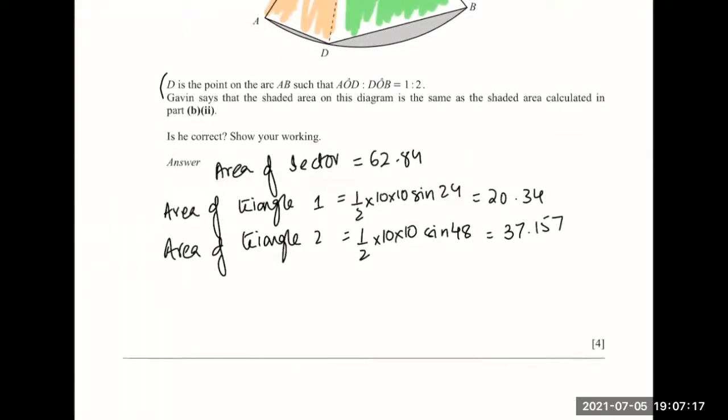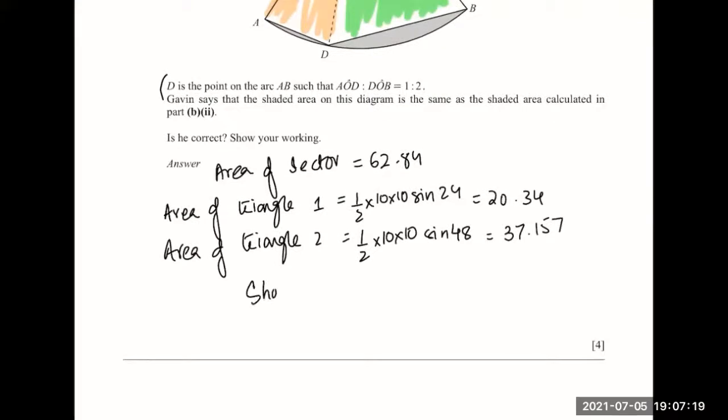Okay, now let's check. Shaded. Okay, you see the amount of working that I'm doing. It's essential that you do the same amount of working that I have been doing, because the examiner will look for these steps.